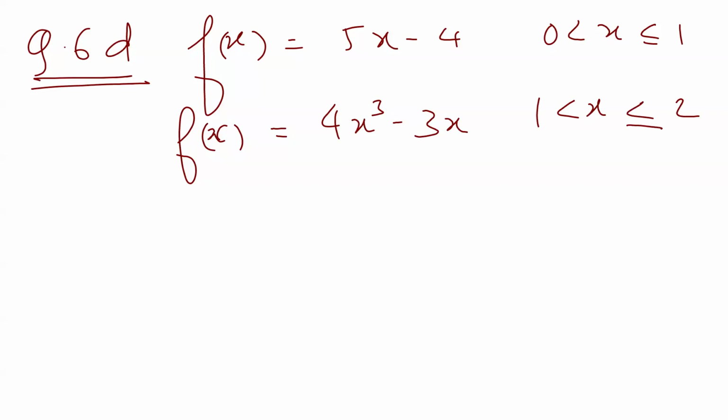So these are the intervals present, and we need to check the continuity at x equal to 1. They have mentioned in the problem. You should always read the problem very clearly. So we have to discuss the continuity at x is equal to 1.